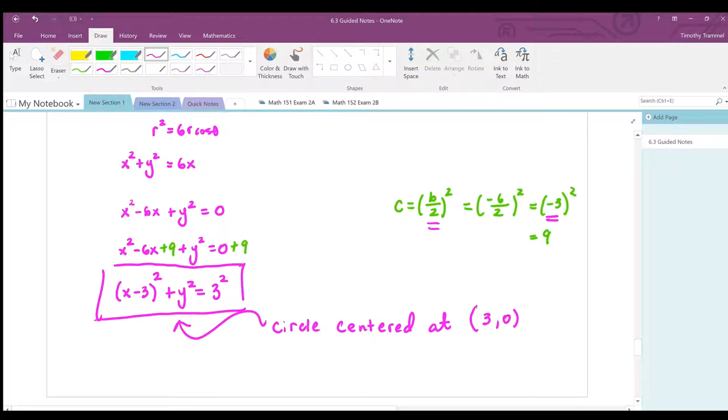It's supposed to be x minus a, so our a was 3, and then plus y minus b, and so our b was 0. We have y minus 0 squared. So circle centered at 3, 0 with radius 3. So the radius is whatever number is being squared here on the right.